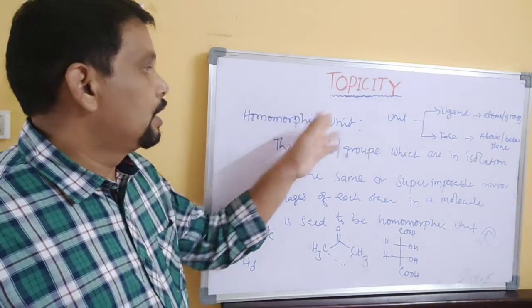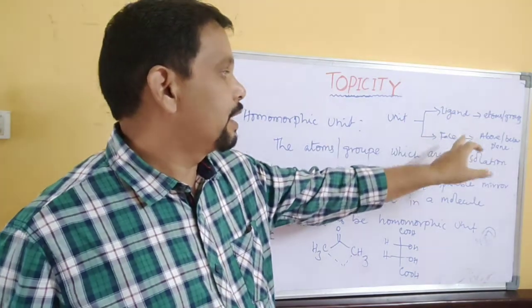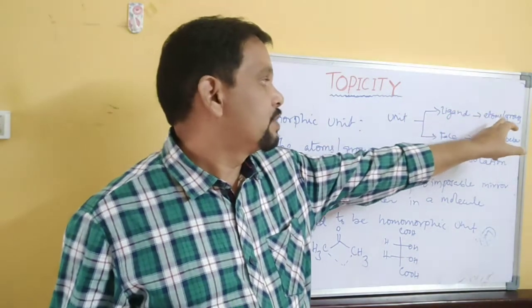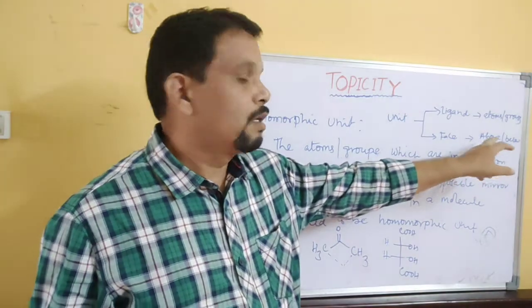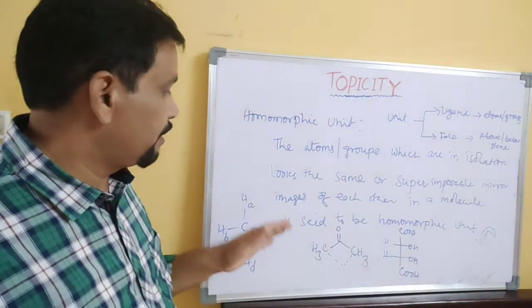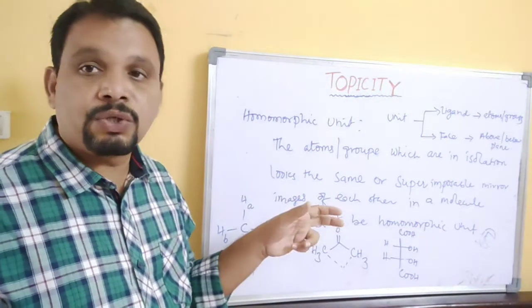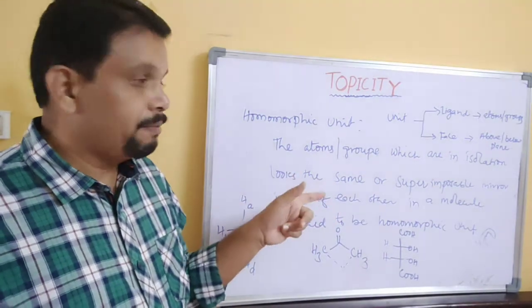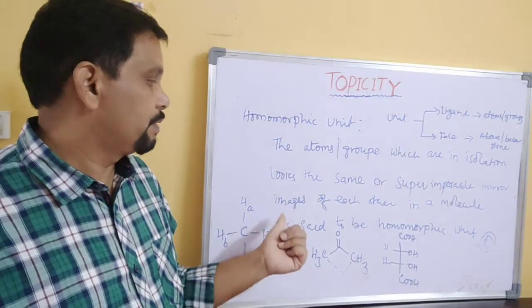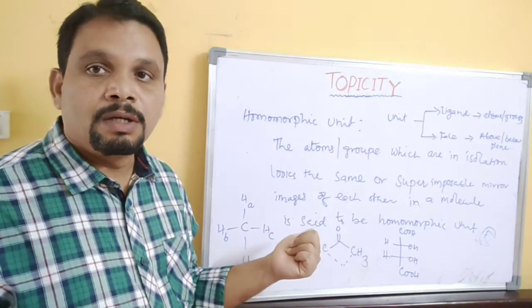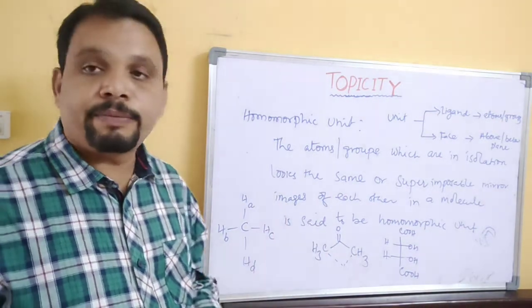A homomorphic unit may be considered as a ligand or a phase. Ligand can be considered as atoms or groups. Phase is above or below the plane. The definition for homomorphic unit: the atoms or groups which in isolation look the same or are superimposable mirror images of each other in a molecule are said to be homomorphic units.